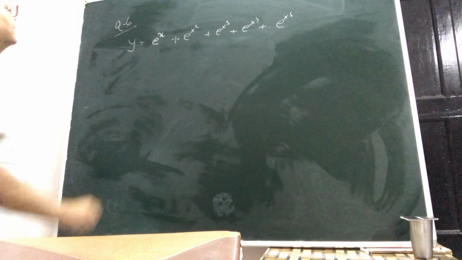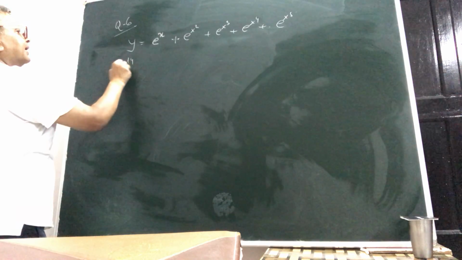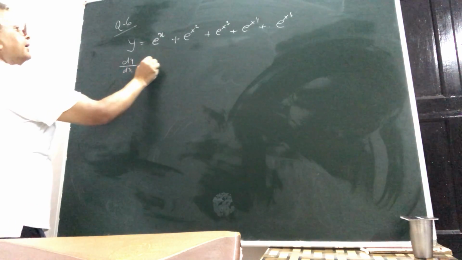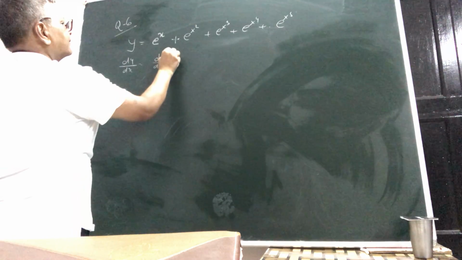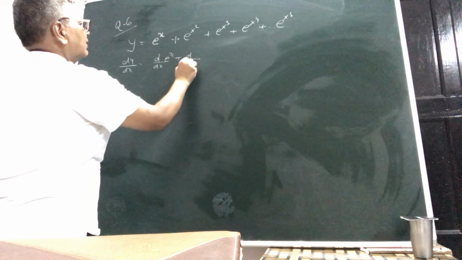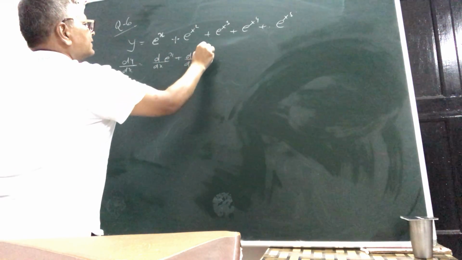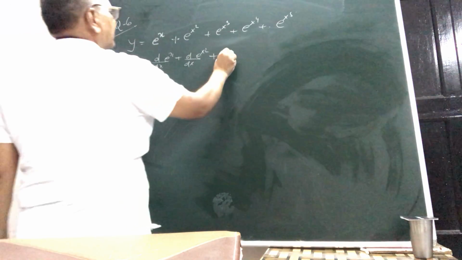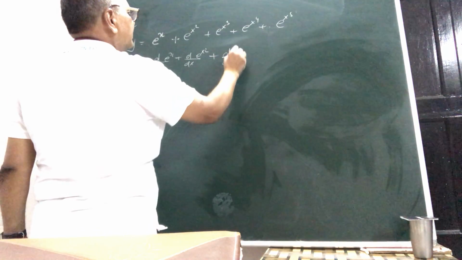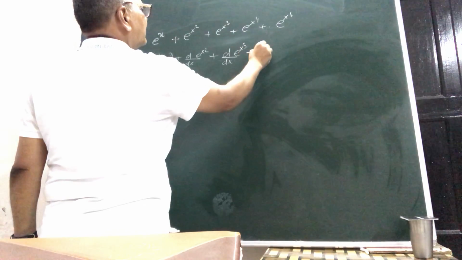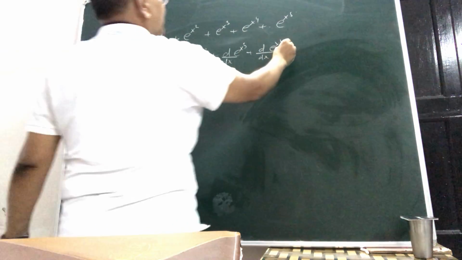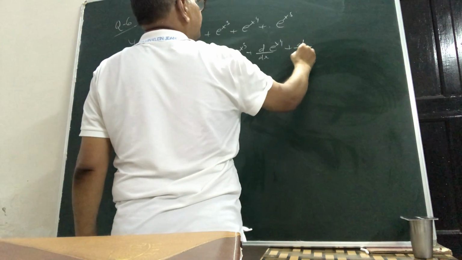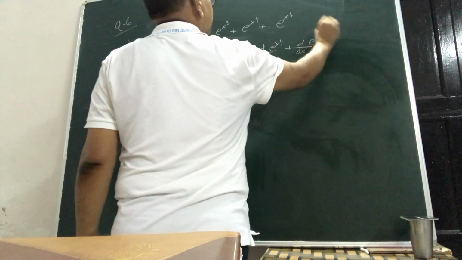Now, one way is, dy by dx would be d by dx of e raised to power x plus d by dx of e raised to power x square plus d by dx of e raised to power x cube plus d by dx of e raised to power x4 plus d by dx of e raised to power x5.